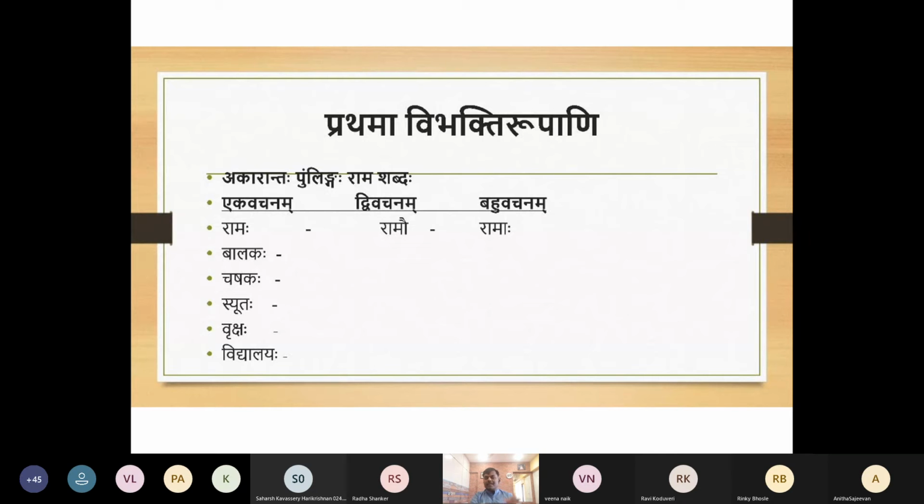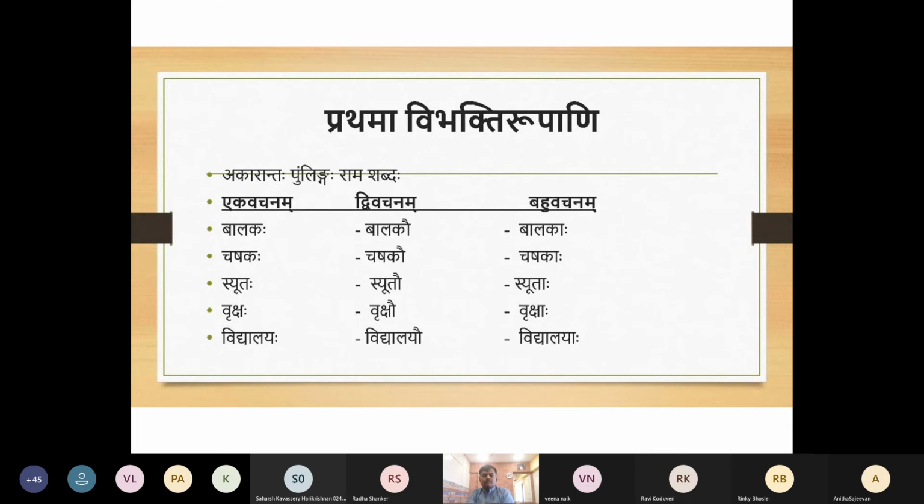That object itself is Prathama Vibhakti. When you start giving to the object, taking from the object, going with the object, etc., not object actually, sorry. In English it is called subject. But that thing, that living thing or the unliving thing, that is Prathama Vibhakti. Balakaha, Balakau, Balakaha.